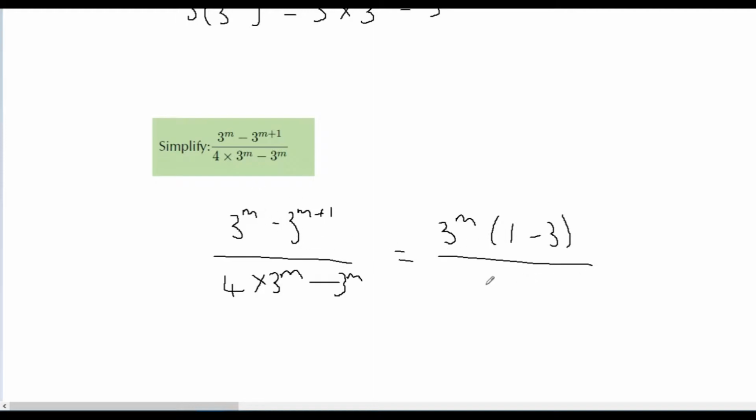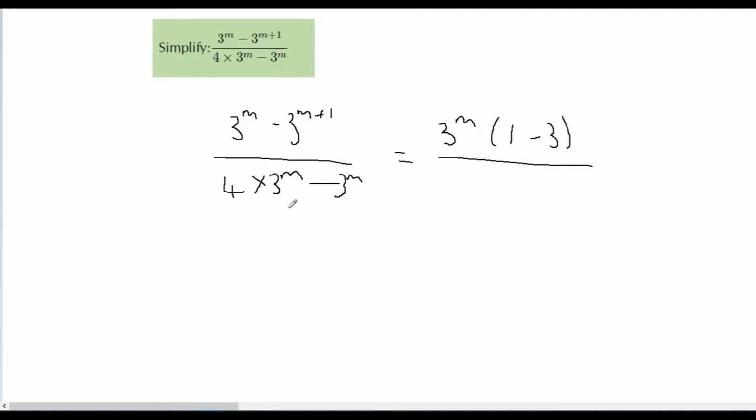That's what factorization is. We're going to do the same thing over here, taking out 3^m as well. Once you take that out, we have that 1 over there, but then it's 1 times 4, so we're just left with 4, right? And on our second term, we're going to have a minus there, because we take our minus out, and 3^m, remember, it's just 1, right? Cool. Remember, this is simplifying.